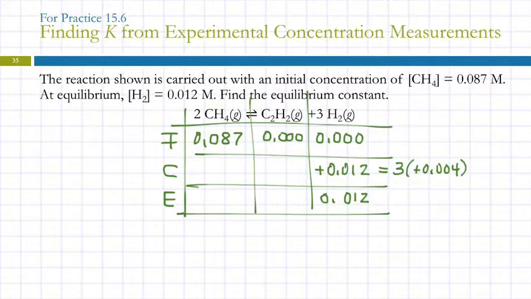So this would be the increment, and this went up 3 times that. So then this one is going to go up by 1 times this. So this one's going to increase by 0.004. So you're always basing the change off the lowest coefficient? Yeah, the changes we can figure out because of the coefficients in the balanced chemical equation.